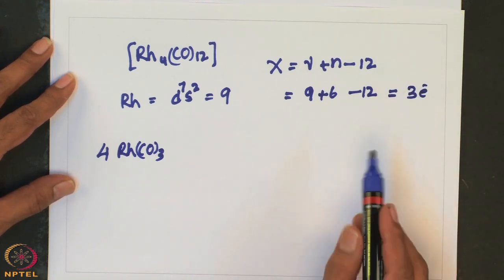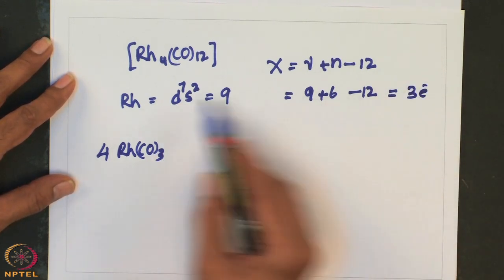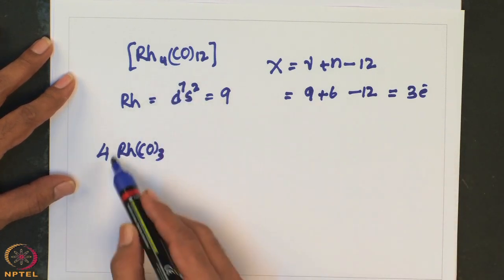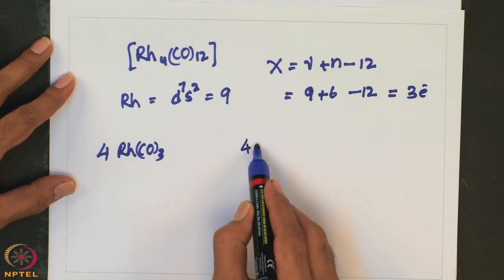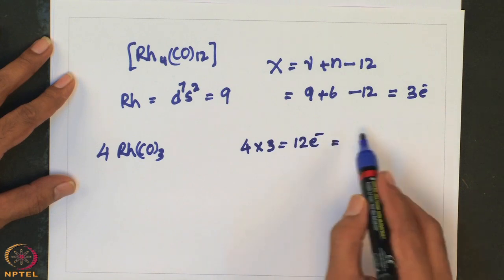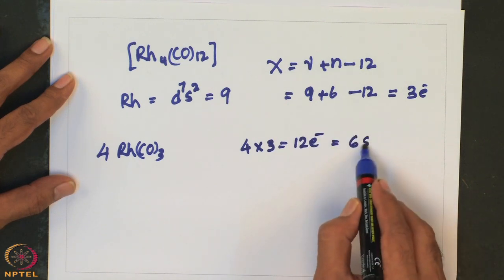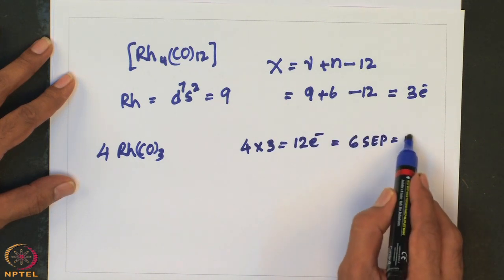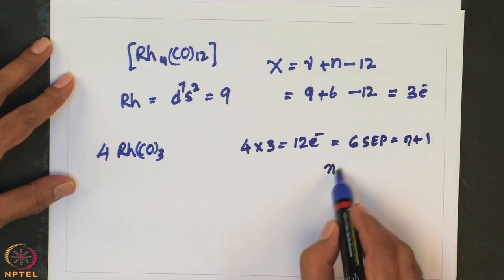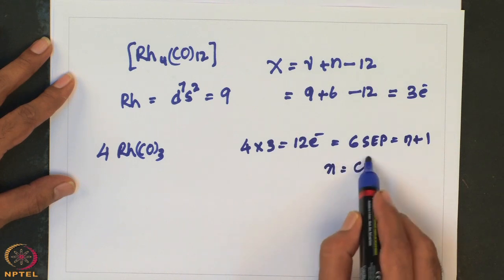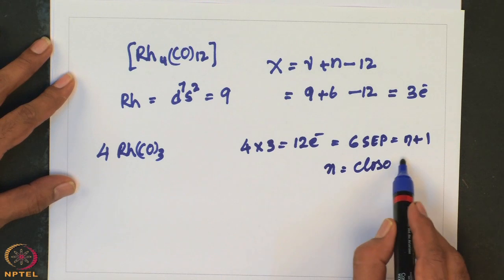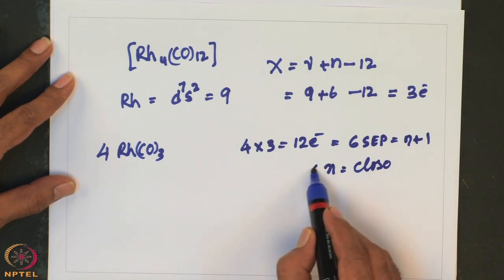If we consider 3 electrons for this one, then we have essentially Rh, 4 such units are there, 4 into 3, we have 12 electrons, and for this, 6 skeletal electron pairs, which is equal to n + 1. So, that means n vertices should be your closo. And now for closo, n should be 5.